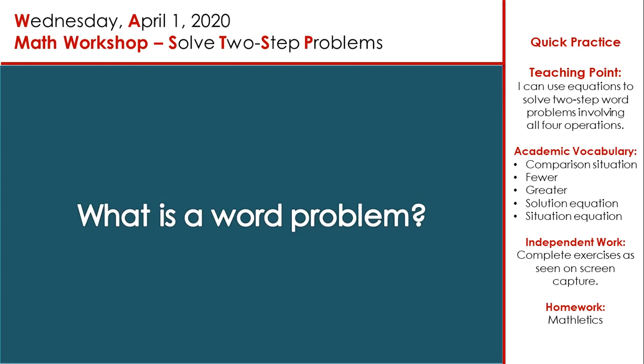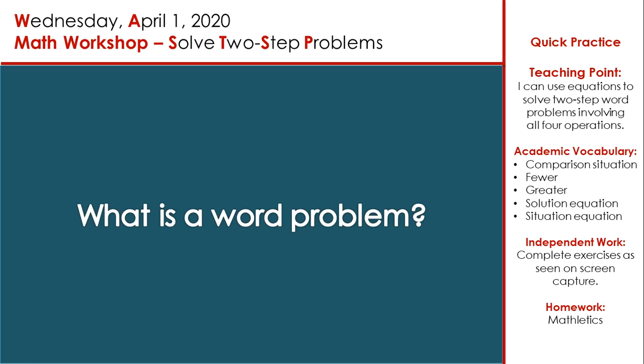Since we're talking about two-step word problems, I think it's important that we go over the concept of a word problem. What is a word problem? Basically, it is a math problem in which the information needed to solve the problem is provided using words rather than numbers or symbols.